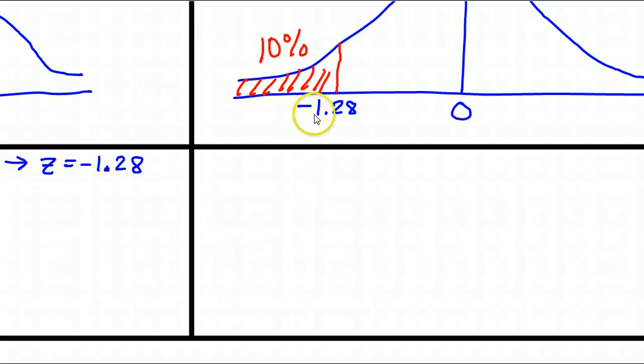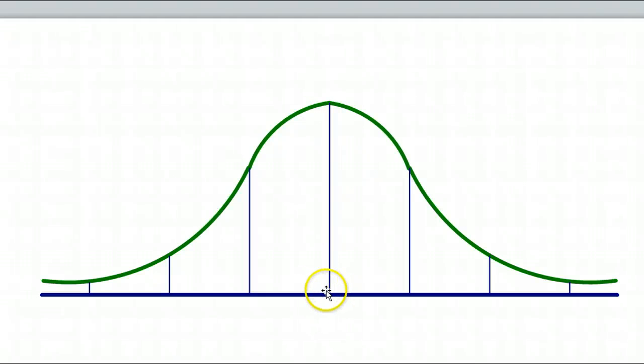By the way, a z-score of negative 1.28. Remember, a z-score is how many standard deviations away from the mean you are. The mean is always right here. So negative 1.28 would be over here somewhere.